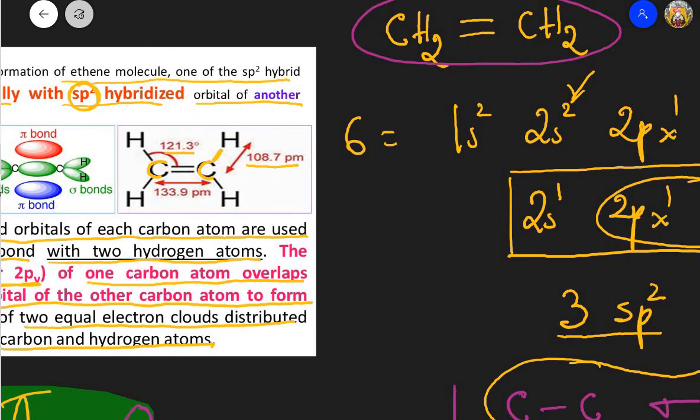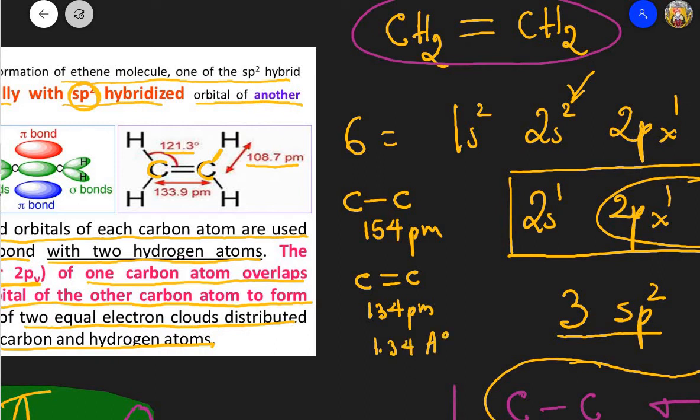Whereas the carbon-carbon bond length, if it was saturated, a carbon-carbon sigma bond, was around 154 picometers, but here we are speaking of a carbon-carbon double bond, so it is approximately 134 picometers or 1.34 angstrom. Is it clear, students?